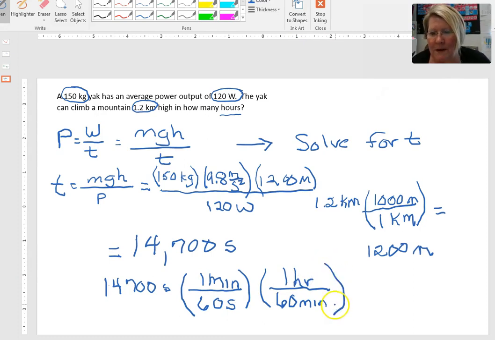And when we take 14,700 and divide it by 60, and then divide it by 60 again, we come up with 4.1 hours. Okay, so that is our answer.